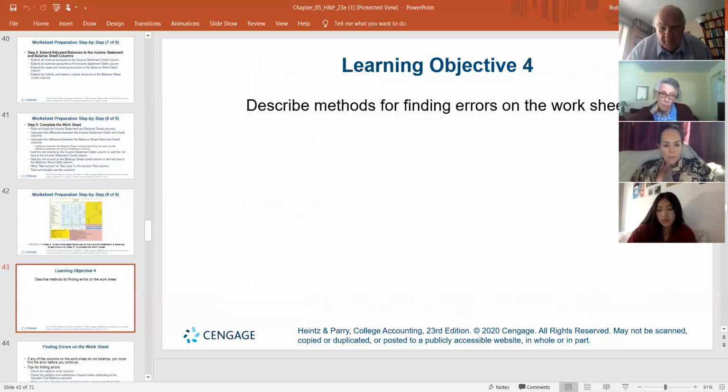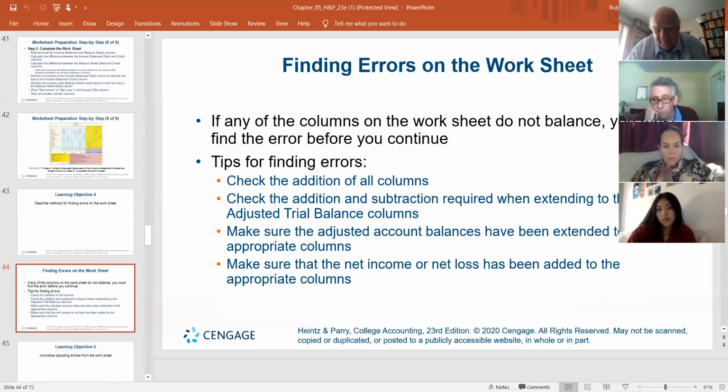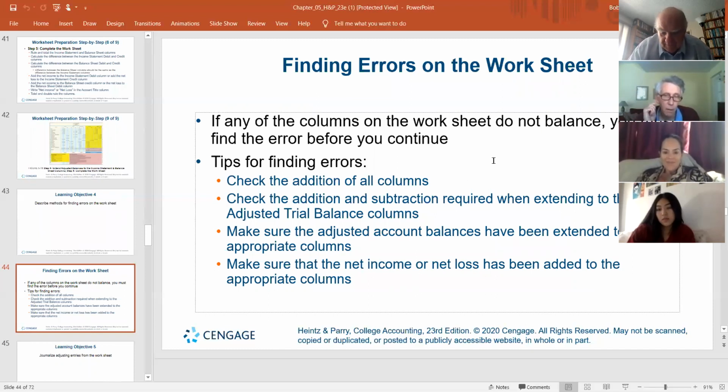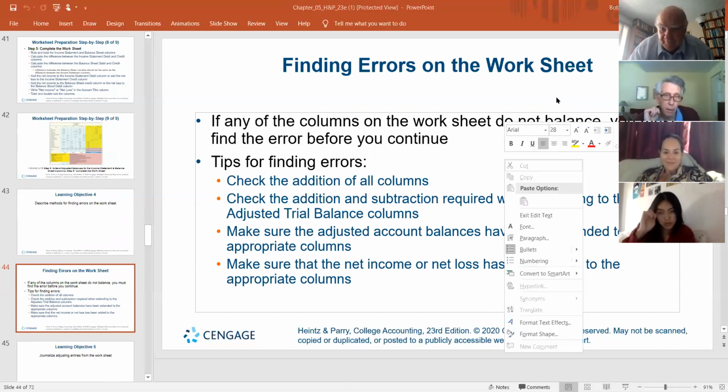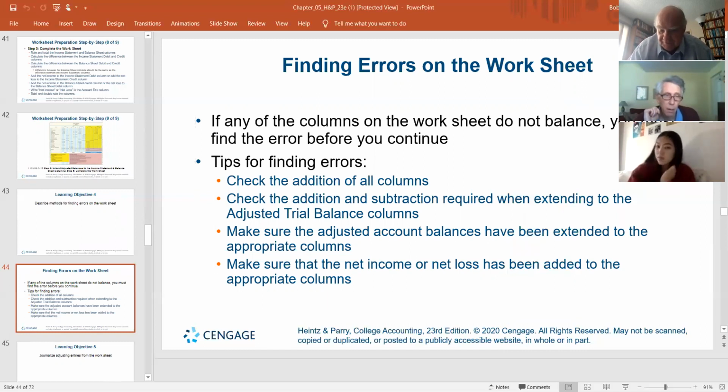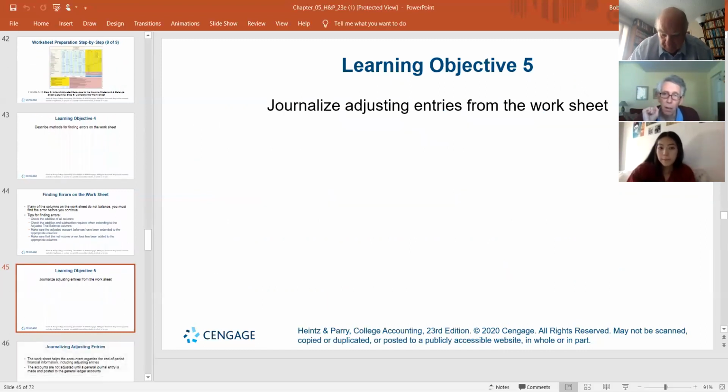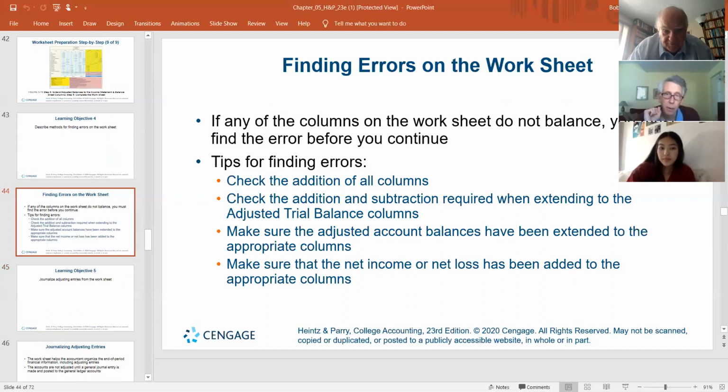They talk about different methods for finding errors. I am not going to go into this too much. Guess what they're telling you? Check, check, check. You double check. And there are some little tricks here that you might find interesting. This thing jumps around, huh?